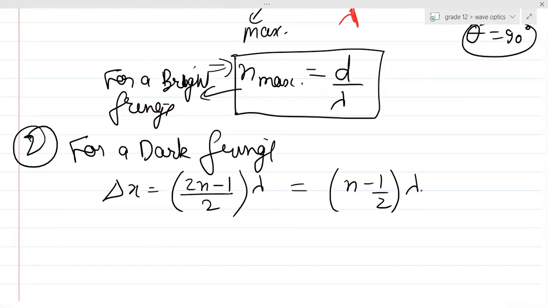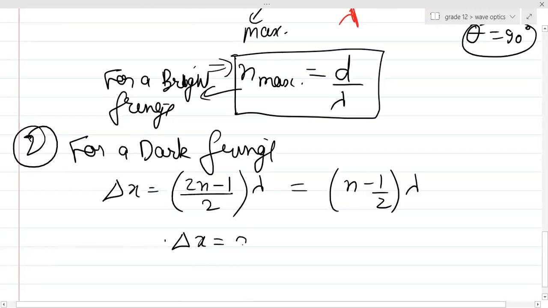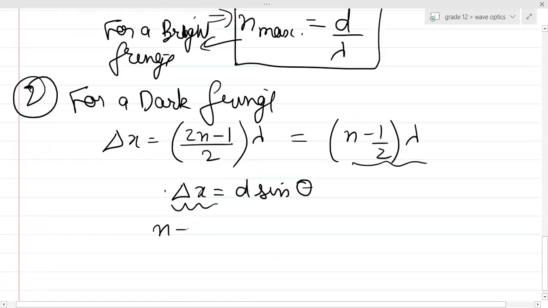If I can rearrange it like this, then I can write delta x is equal to d sine theta. So in place of delta x, I'll write this. So (n minus 1 by 2) into lambda is basically d sine theta.